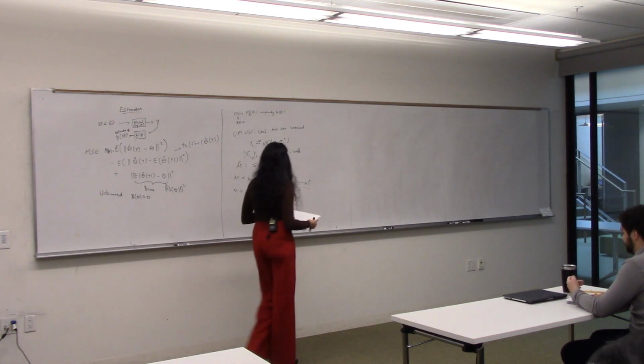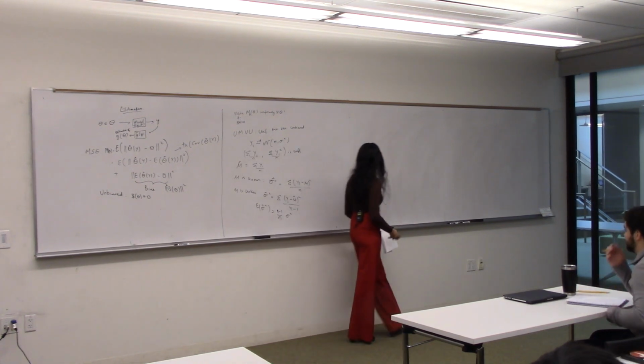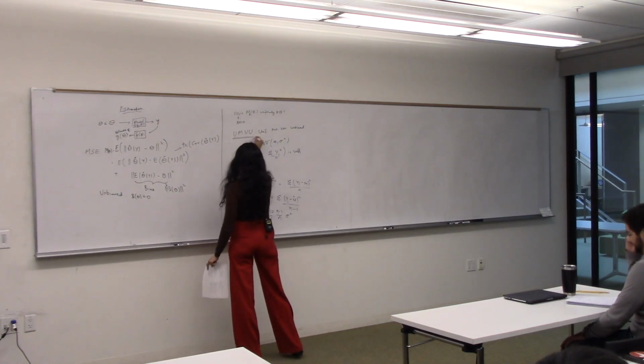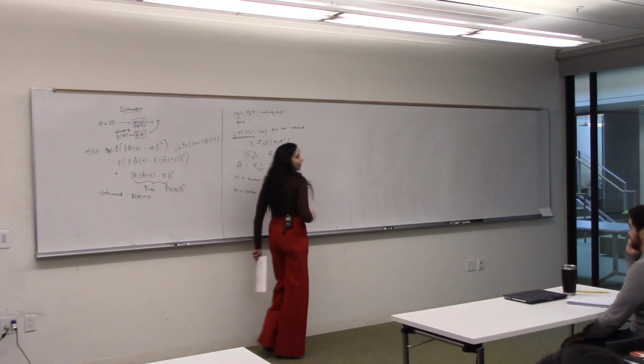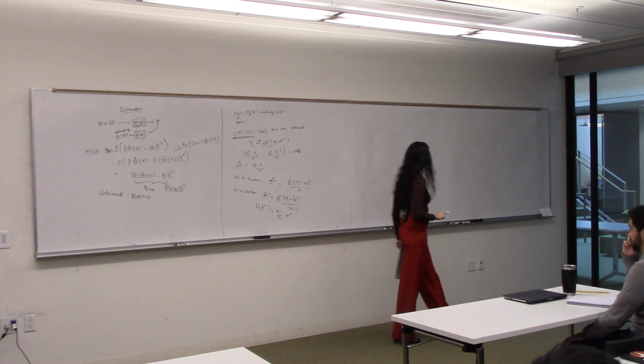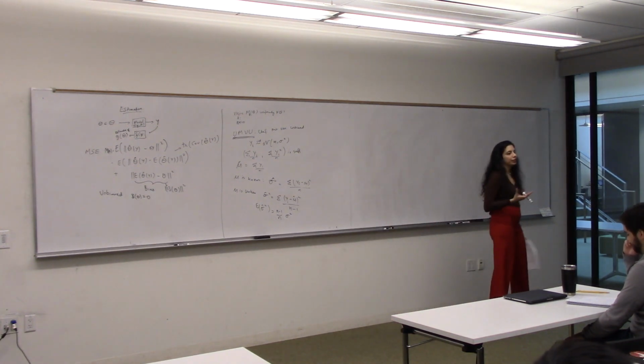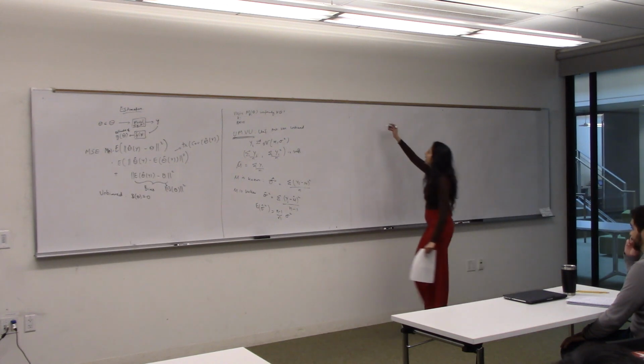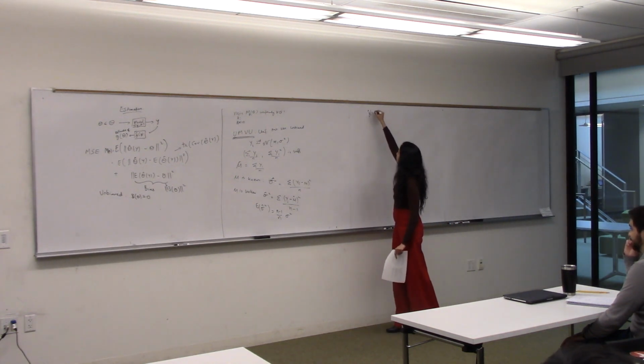So if you want to ask for this UMVU estimator, before we get there, let's think of a procedure to minimize the variance. So let's say I have g hat of y is unbiased. I start with an unbiased estimator.